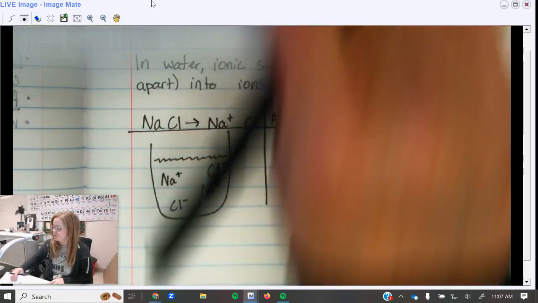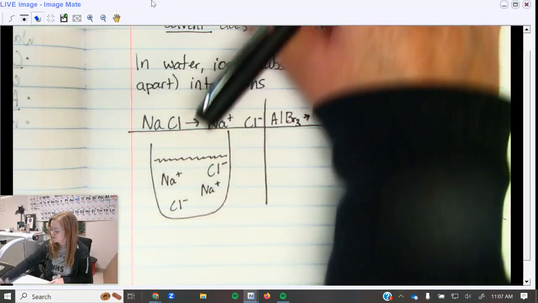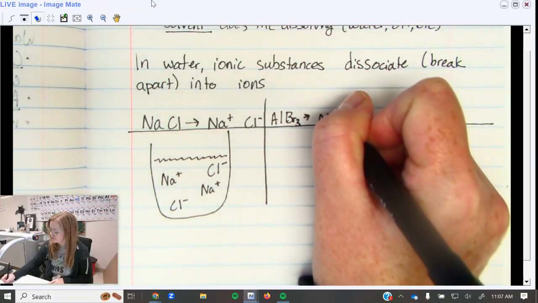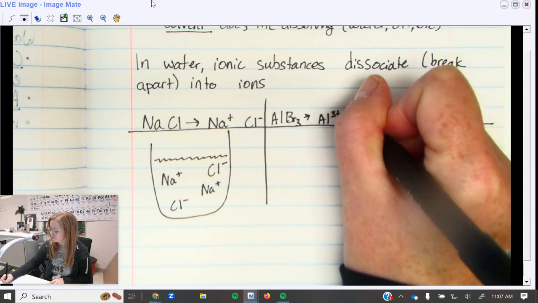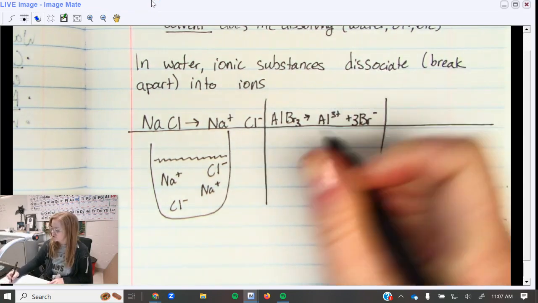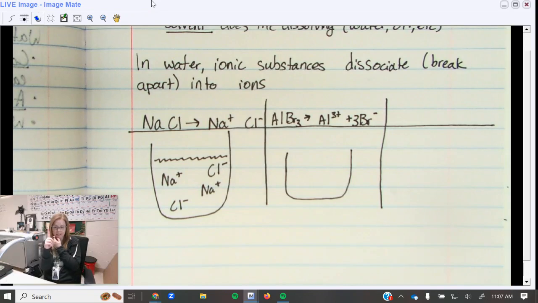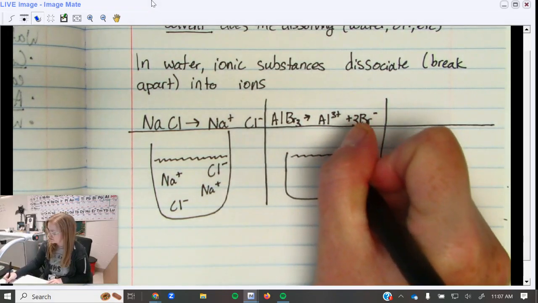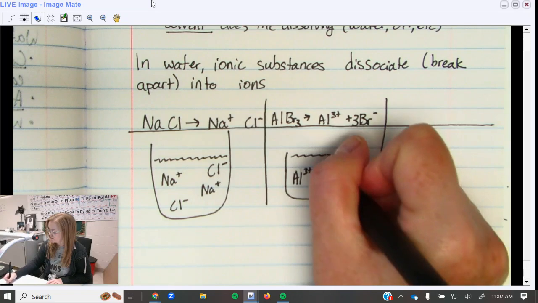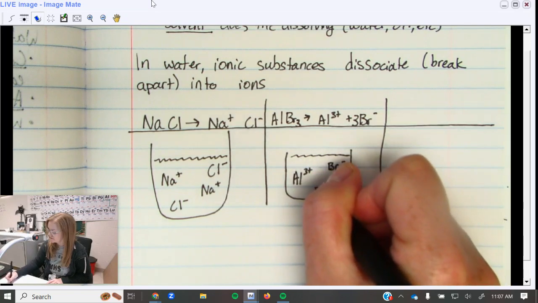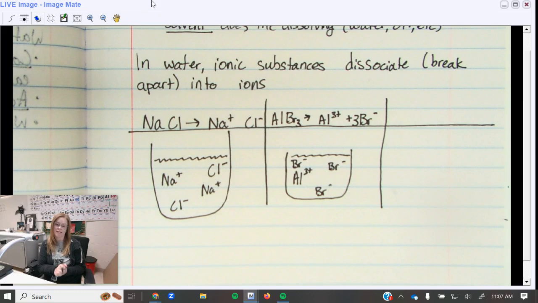And if I look on aluminum on the periodic table, that is my +3. So Al3+ and Br minus, but there will be 3 of them. So that means that for every one Al, I need 3 Br minuses. That would be my aluminum bromide in solution.